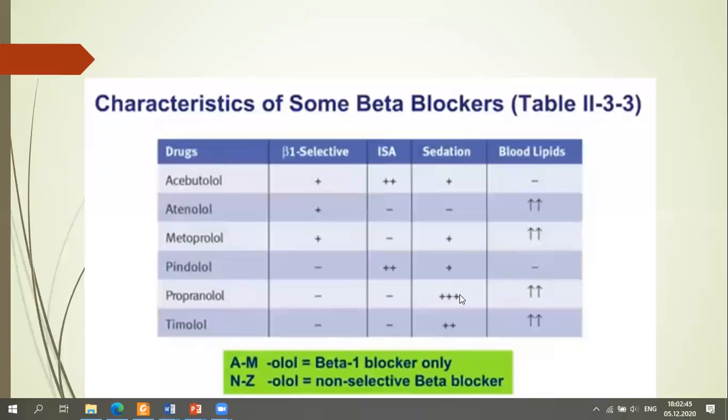For example, propranolol, there are 3 classes here for the sedation effects. 3 pluses means really high effectivity of this drug. And the others also have effectivity, but not so high as propranolol. Timolol also has high effectivity, but not as high as propranolol. Okay. Thank you, sir. Was it clear? I hope. Okay.